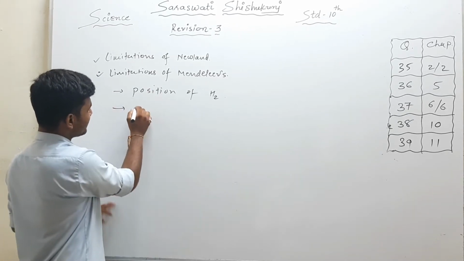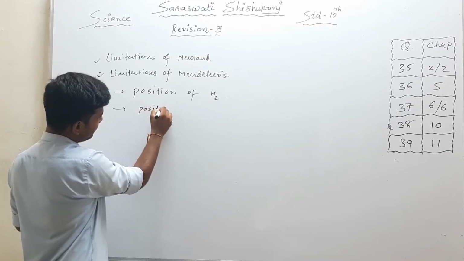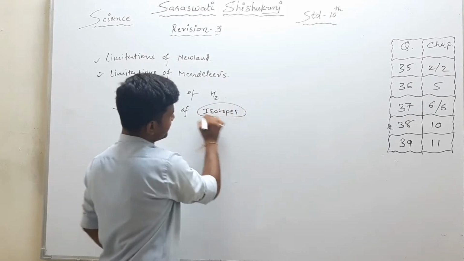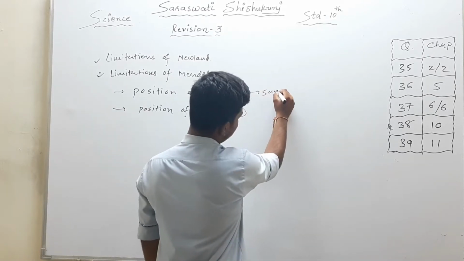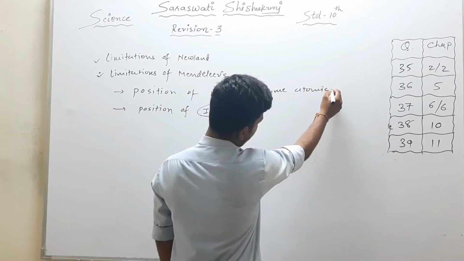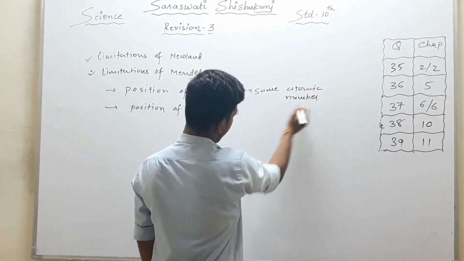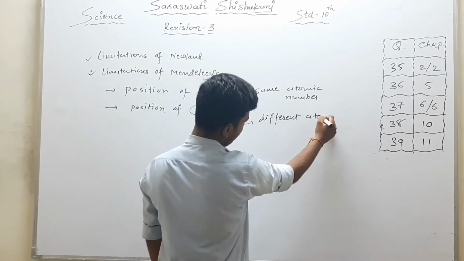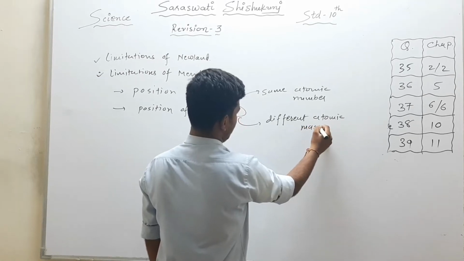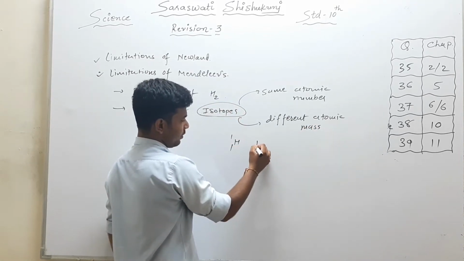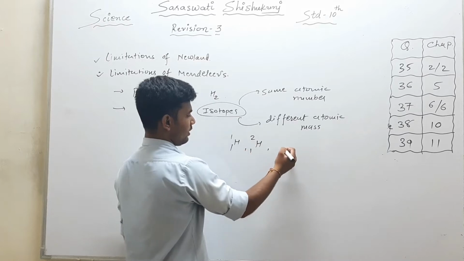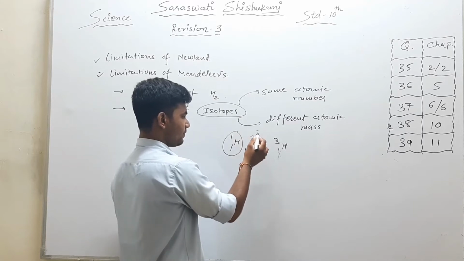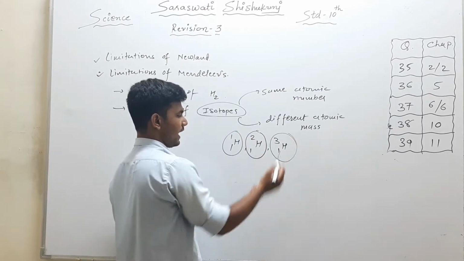The second one is the position of isotopes. First of all, we must know what isotopes are. Isotopes have the same atomic number but different atomic mass, like 1H1, 1H2 or 1H3: protium, deuterium and tritium.